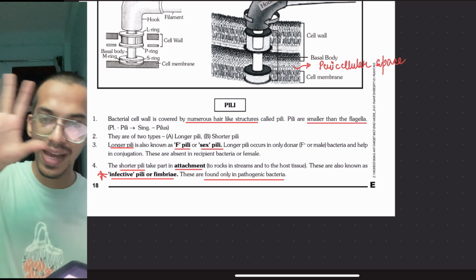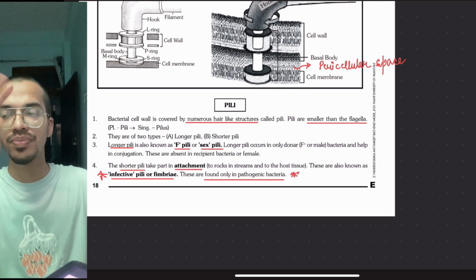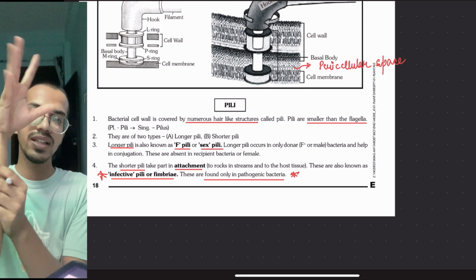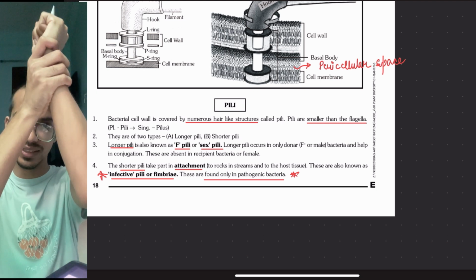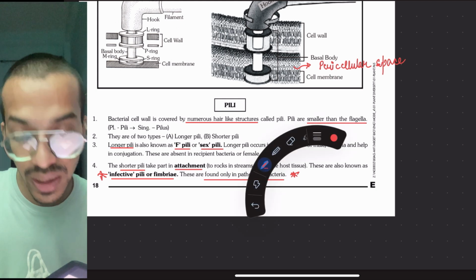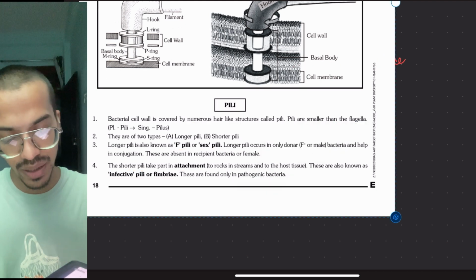For example, this is the bacteria and these are the pili. If this is a thing, they can hold on to it like this, right? So this is the work of the pili. That is the fimbriae.